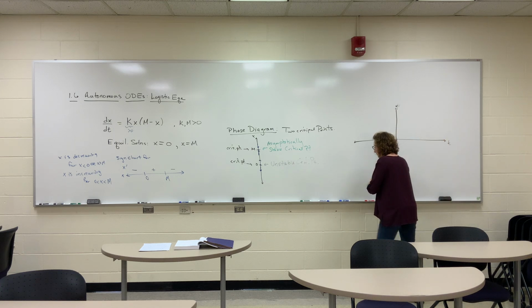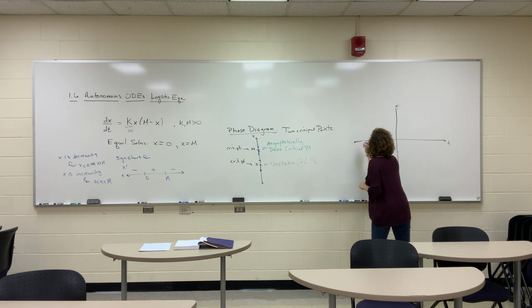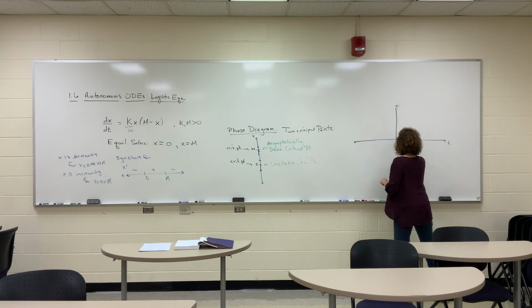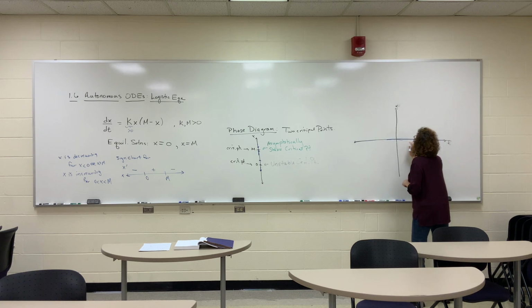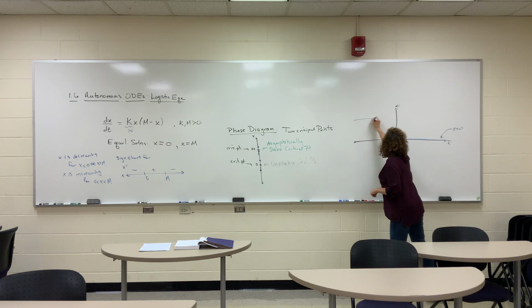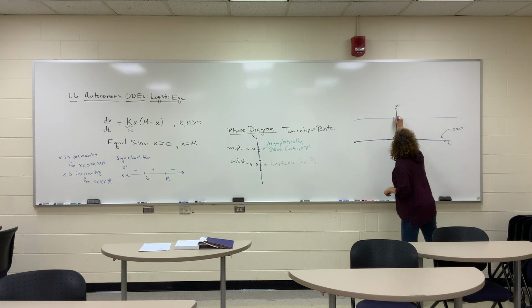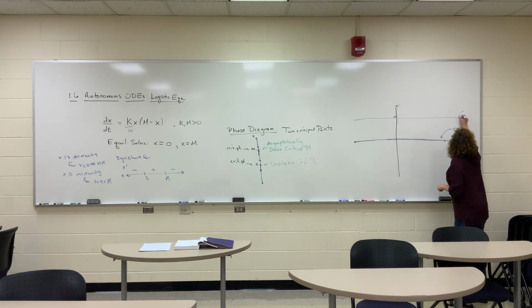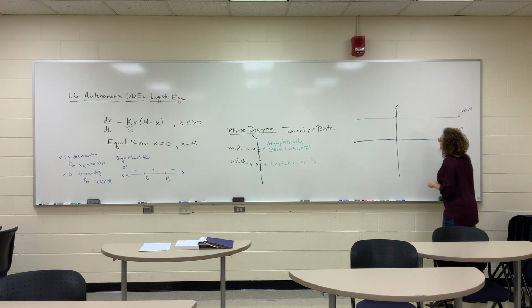We've got an equilibrium solution at x equals 0, so that's our horizontal line, x equals 0, and then we have an equilibrium solution at x equals m, the horizontal line x equals m.